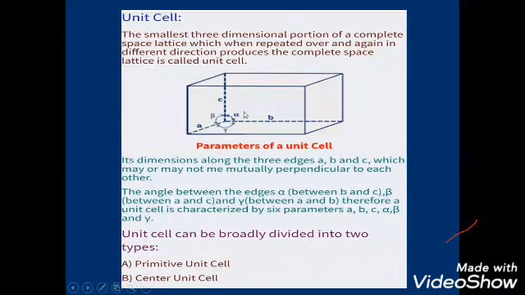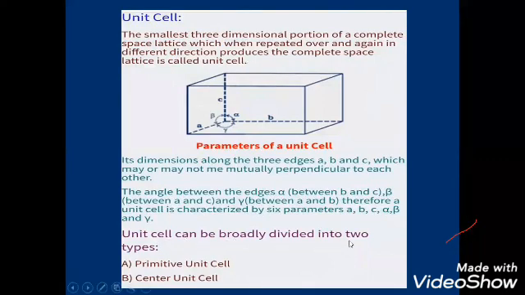That means A is equal to B is equal to C. Then in case of a cuboid, alpha, beta, gamma are 90 degrees, but A and B are equal and C is not equal to A or B. That means in a cuboid, two edges have the same edge length and the third edge has a different edge length.